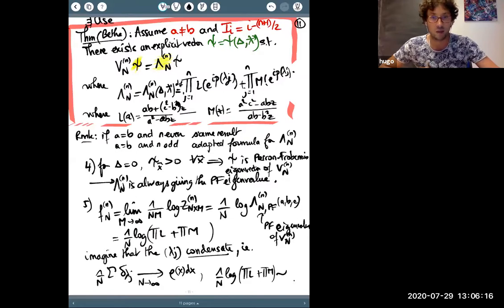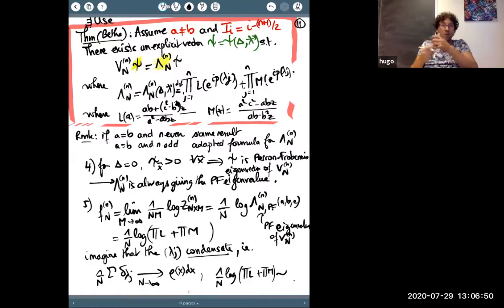Okay? Because it's kind of a Riemann sum against the lambda J. So if the measure of the lambda J converges to rho x dx, then the sum of something against the lambda J is going to converge towards the integral of this thing against rho x dx. Okay? So if the empirical measure converges, then I have a chance that this kind of Riemann sum converges.